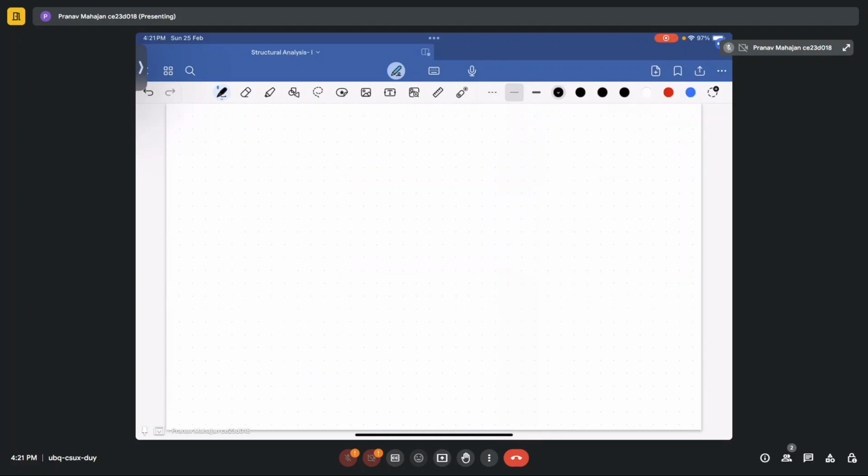So take another, simple example. You have a cantilever beam subjected to a point load at the tip. Mark it as if this is your x direction, this is your y direction. So this is your real beam. Draw the bending moment diagram for this.